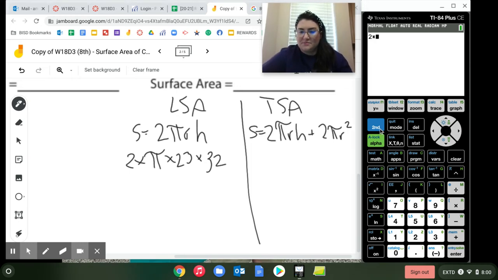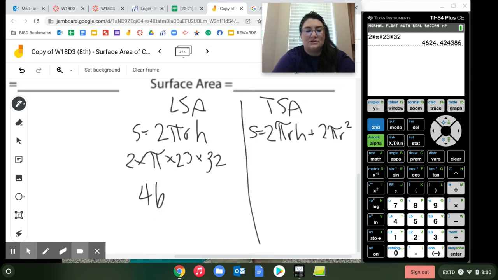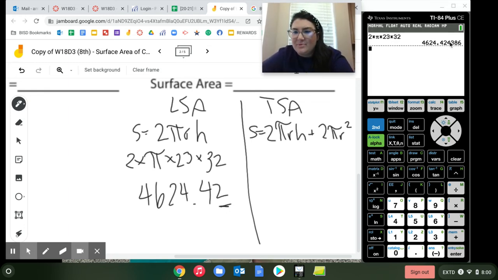2 times pi times 23 times 32. Okay, we get 4624.42. And that 2 is going to stay the same because the next number after it is 4 or less.